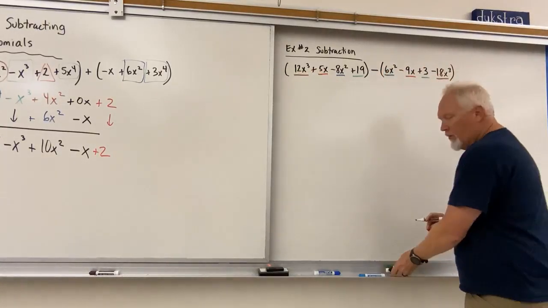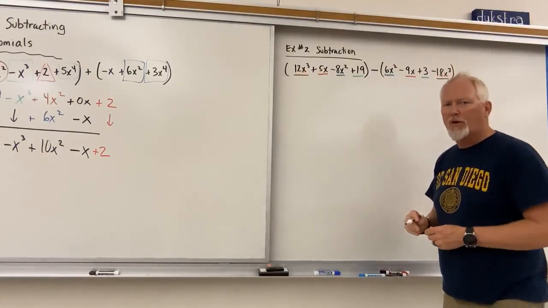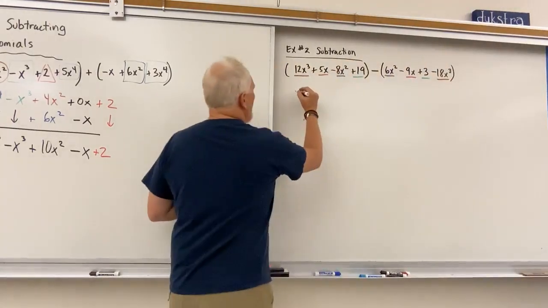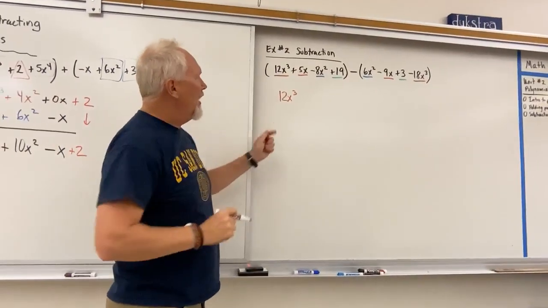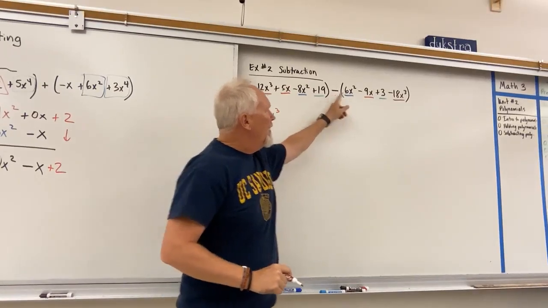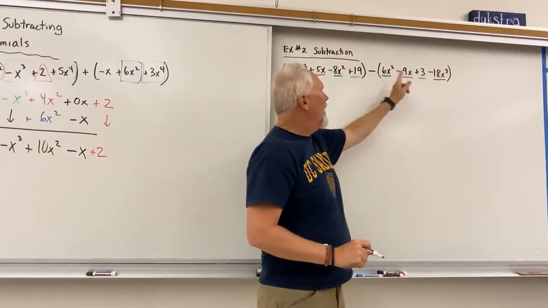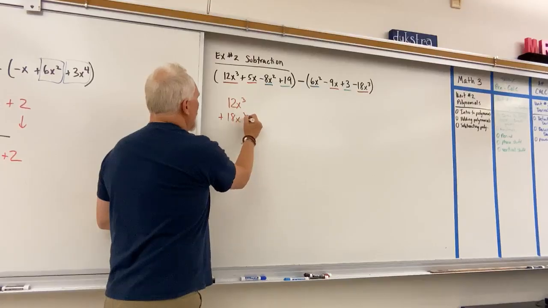So I'm going to go ahead and rewrite these in descending order. So I'll have the 12x cubed, and now I got to come over here and say minus. Well, a minus and an 18x cubed is a plus, right? A minus and a minus is a plus 18x cubed.